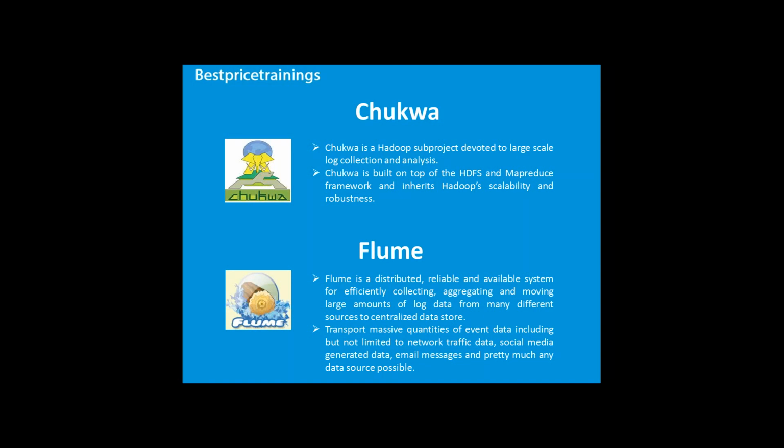But what happens if you have, let's say, 100 or 200 servers and you need to migrate data within those servers to a single system for further analysis? In that case, Flume and Chukwa will come into the picture and they will help you migrate data without giving you any kind of network congestion, right?